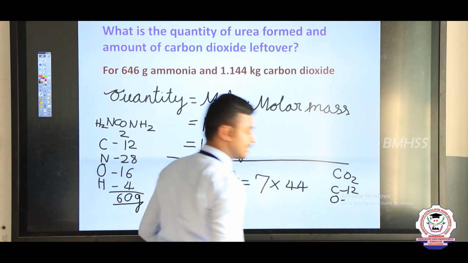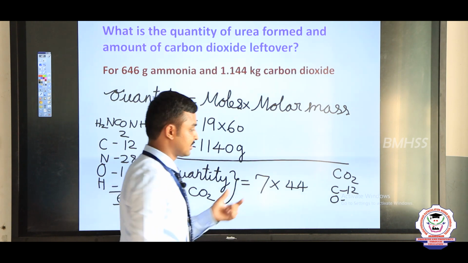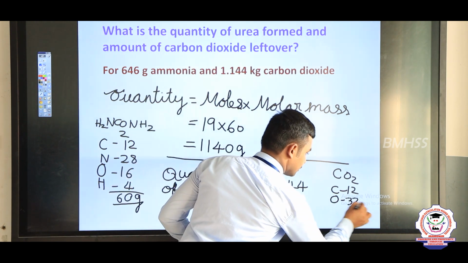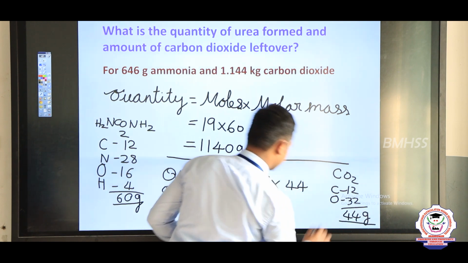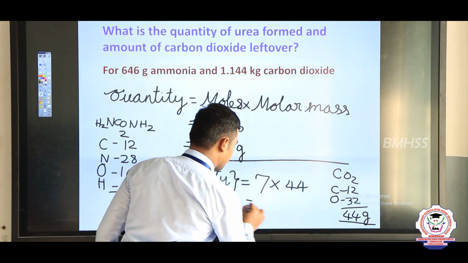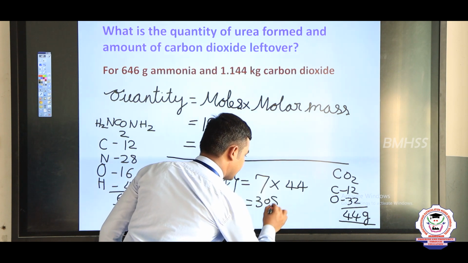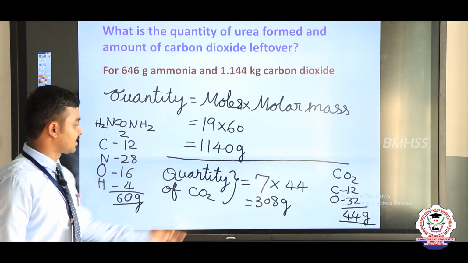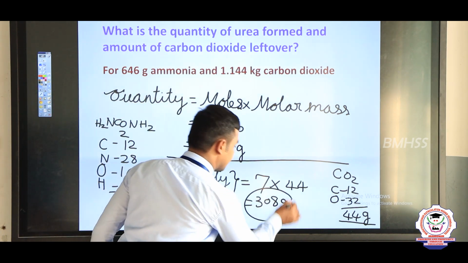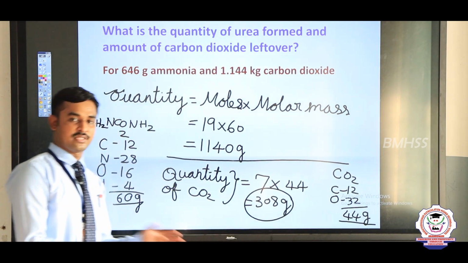We have 2 oxygens, 16 plus 16, 32 grams. So the total mass of carbon dioxide is 44 grams. So, 7 into 44, 308 grams of carbon dioxide is left over in this reaction. So 308 grams of the excess reagent carbon dioxide is left over in this reaction.